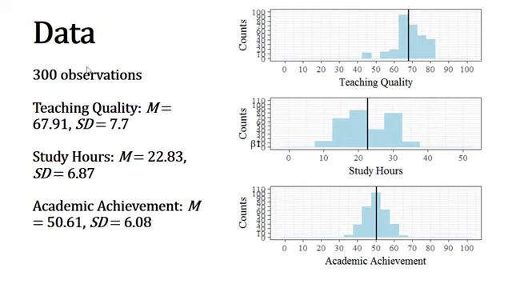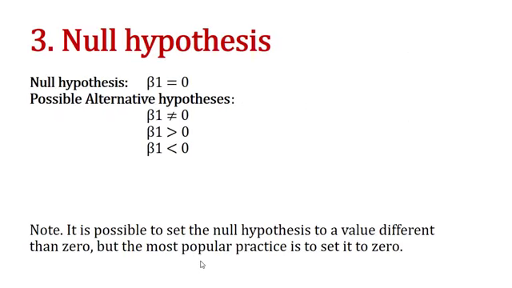Okay, so the data, here there are 300 observations. That's the same graph that I showed in previous videos. We are only going to be interested here in study hours and academic achievement, and not in teaching quality. So the same data as before.